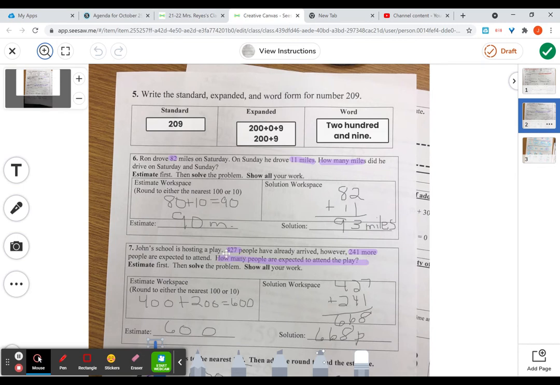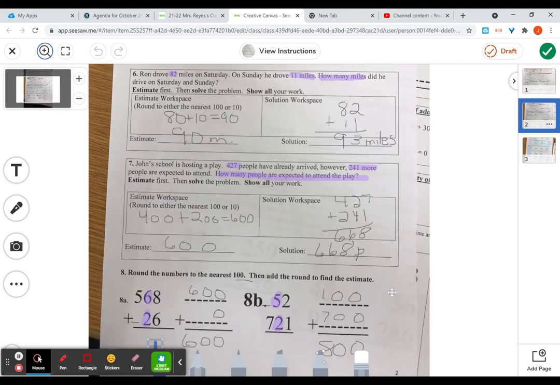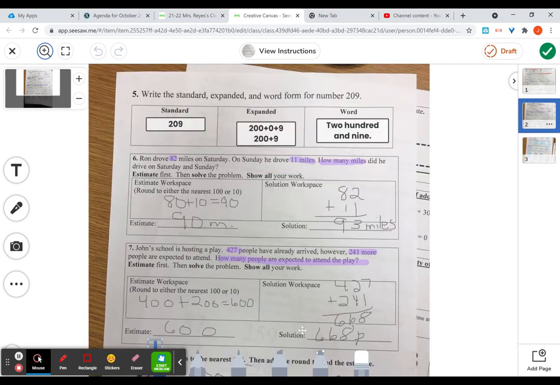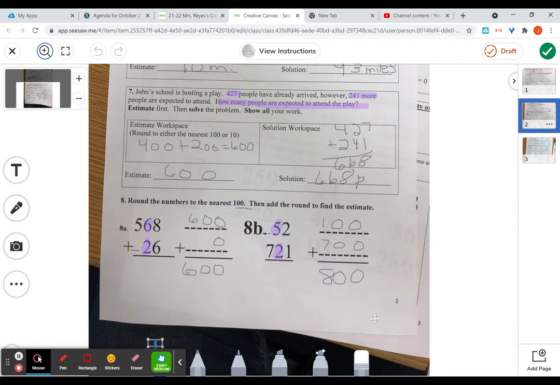So 427 is going to round to 400, 241 is going to round to 200. So I'm expecting about 600 people. As I add 427 plus 241, pretty simple addition here, 668, no regrouping. I can see that my 600 is pretty close to my 668 people.